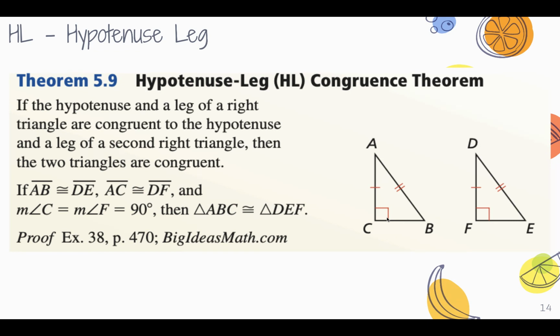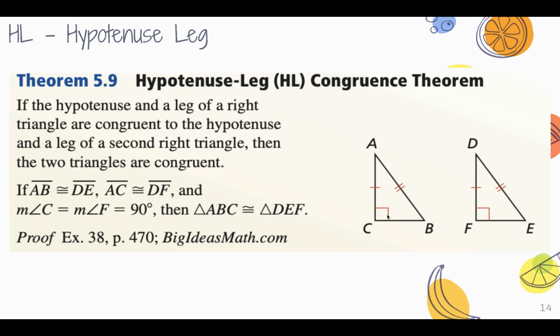How do I know where the hypotenuse is? Hopefully you remember that the hypotenuse is the longest side, but it's also the side that is opposite from the largest angle, which is the 90-degree angle. So this is the hypotenuse because it's opposite, or across from, the right angle.